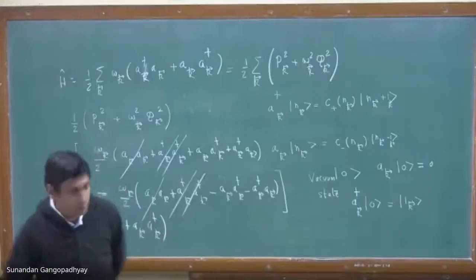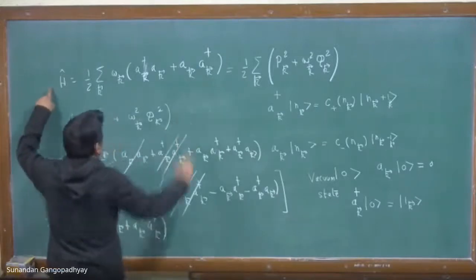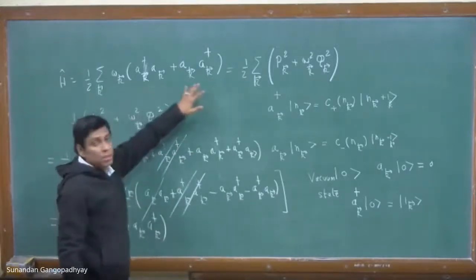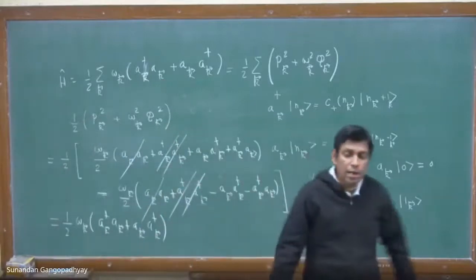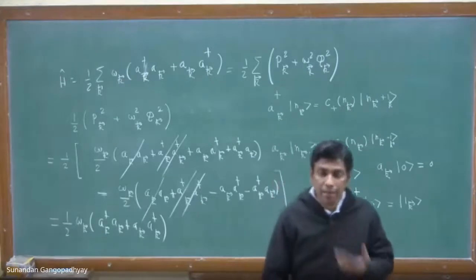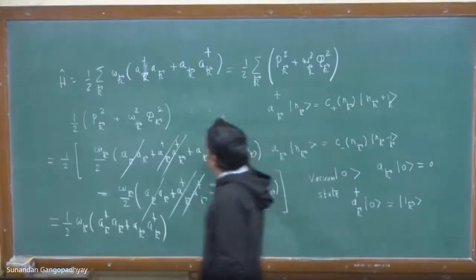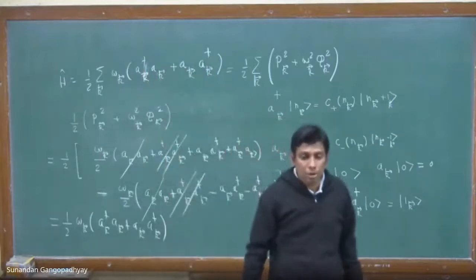So what we have basically shown is that the Hamiltonian which we wrote down. So we now also have the interpretations for ak and a dagger k: ak is the annihilation operator for particles, and a dagger k creates particles. And you can write the Hamiltonian operator in terms of the creation and annihilation operators.